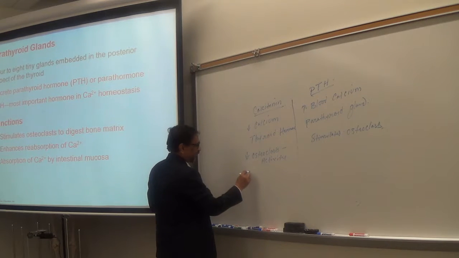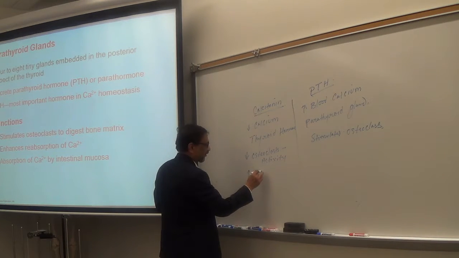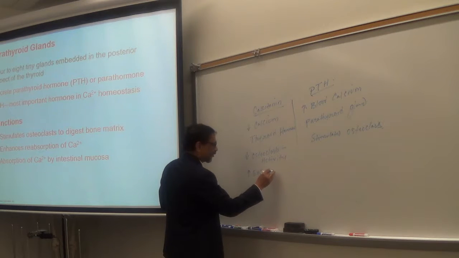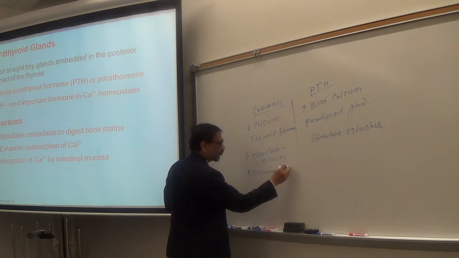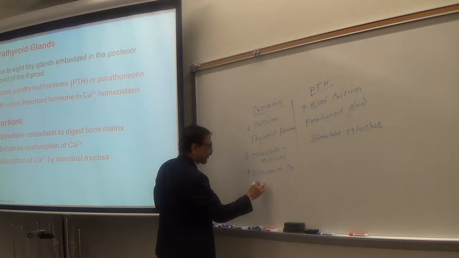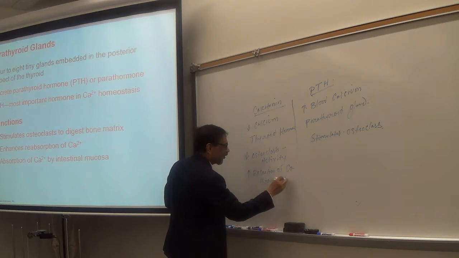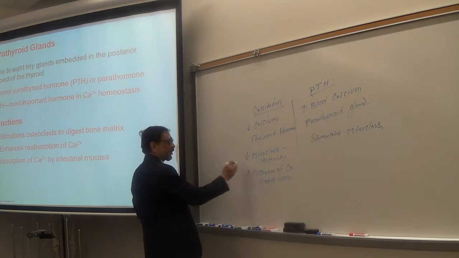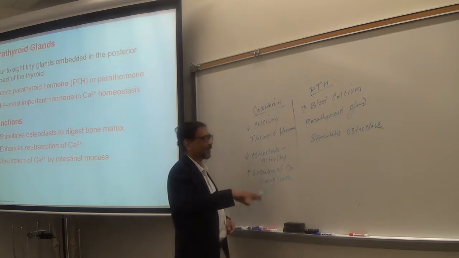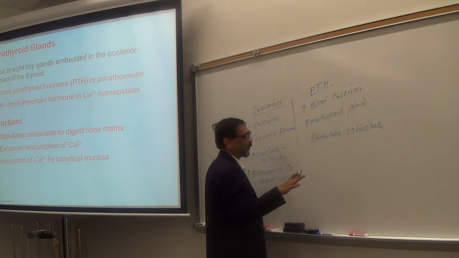Calcitonin increases excretion of calcium through urine. So it works on the kidneys and lets the calcium get out with the urine.